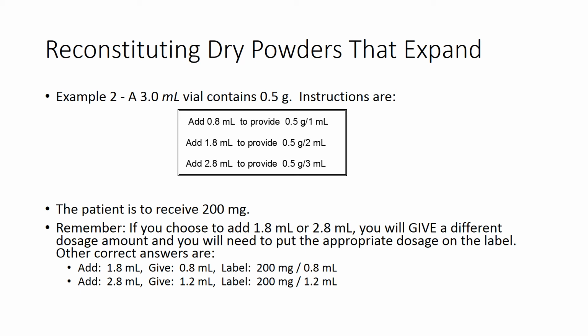So the only thing that changes is when your add changes, your give changes, and your label changes. So you use the same exact equation. If I was to add 1.8 mL, my give was 0.4, but since now I've doubled it, my give will be 0.8. And if I added 2.8 mL, I'd be tripling it, so my 0.4 would become 1.2. And our labels would change appropriately.